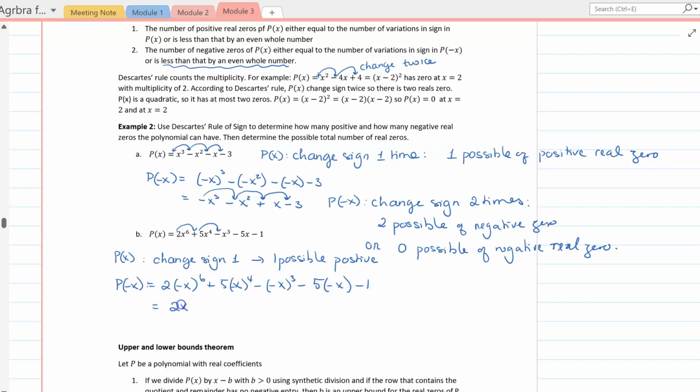This becomes 2x to the 6th plus 5x to the 4th plus x to the 3rd plus 5x minus 1. So here there's only one sign change. So then one possible negative real zero.